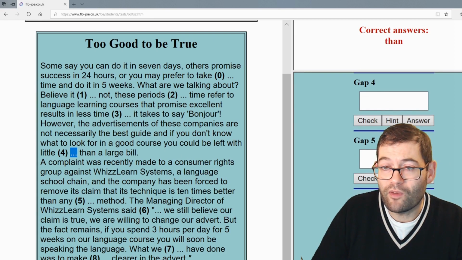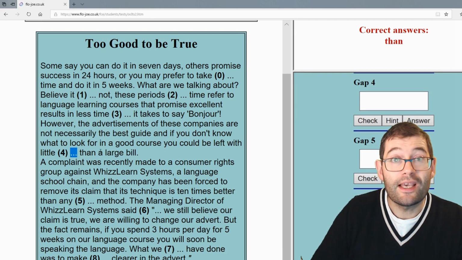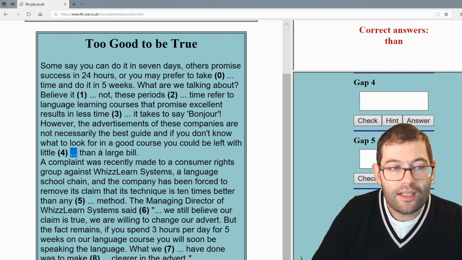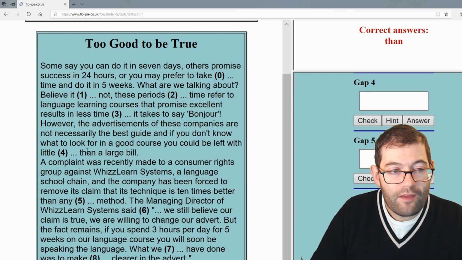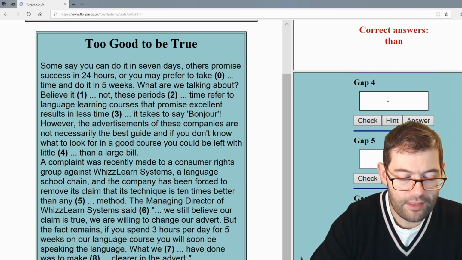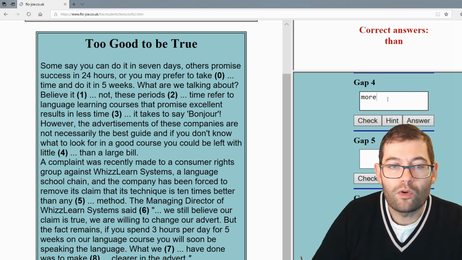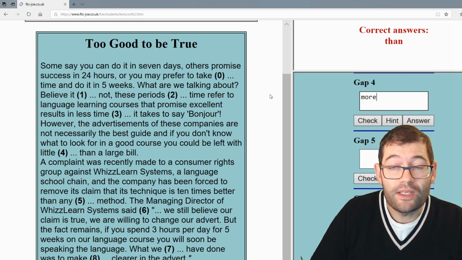What we need here is a word that expresses exactly that sentiment. Now, the only thing that you're going to have is a large bill. Now, if you're not familiar with this expression, then learn it now. And the answer that we're looking for here is more. You could be left with little more than a large bill.